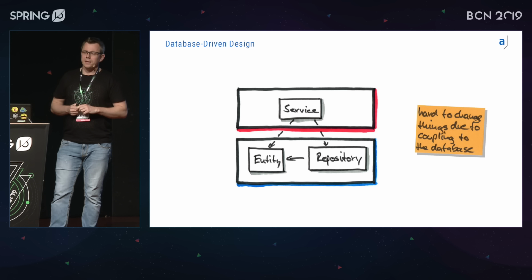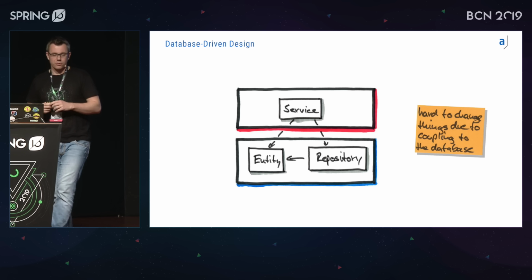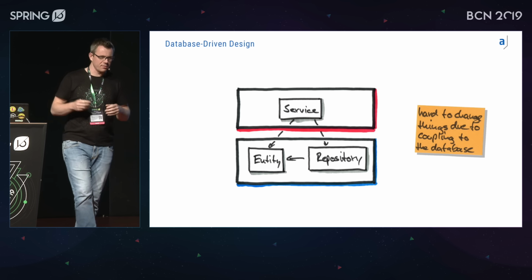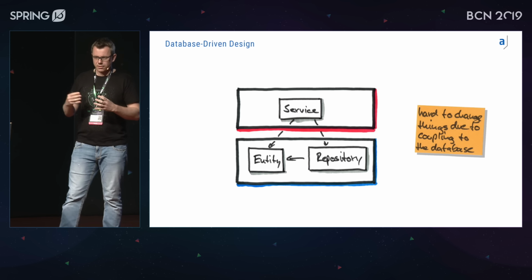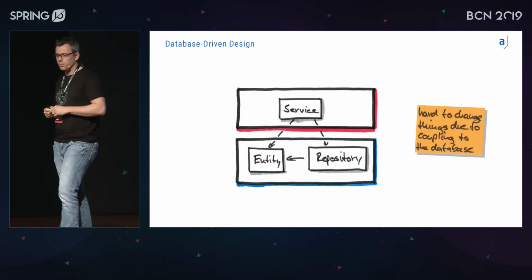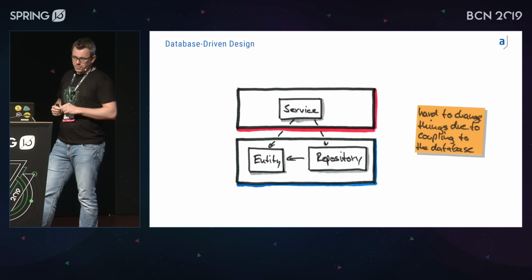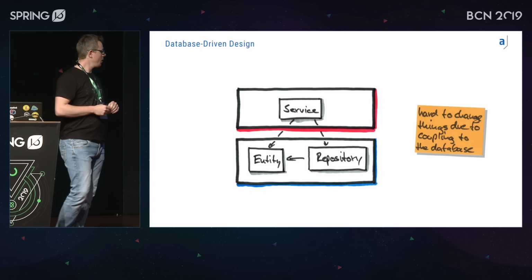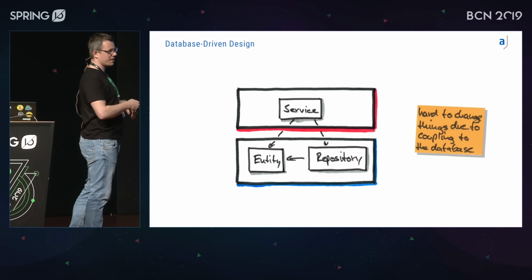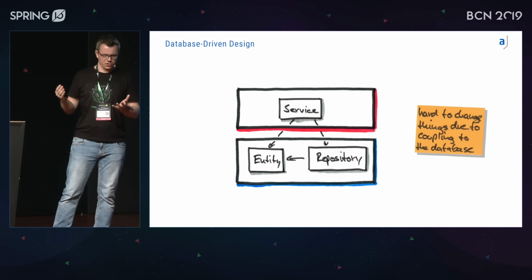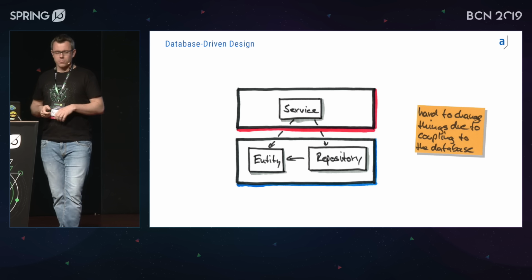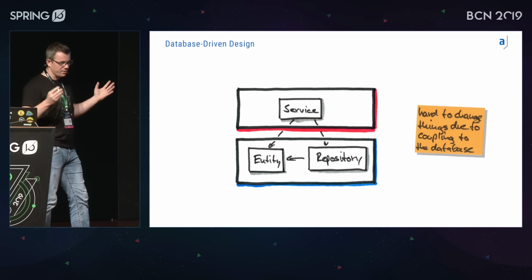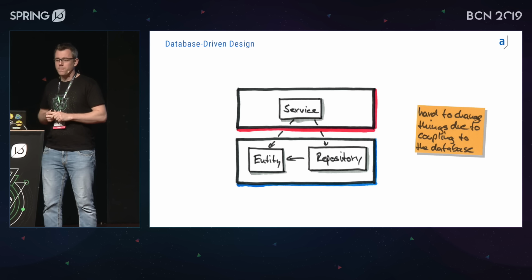In the domain layer, we have our stateless services that implement business logic, domain logic. And in our persistence layer, we usually have an entity class, which is, for example, a JPA entity, and a repository, perhaps a Spring Data JPA repository.